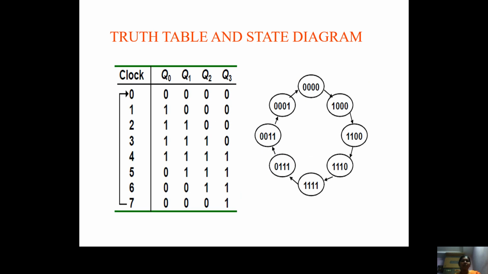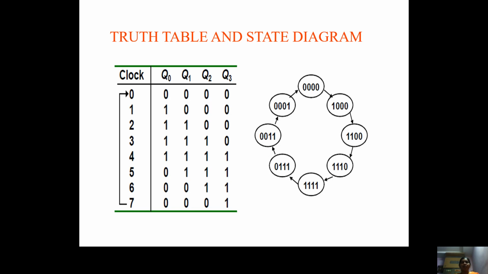If you look at the truth table and the state diagram, when there is no clock pulse, clear is set to 0 so that all the flip-flops are cleared, which is nothing but the reset condition, 0 0 0 0. The outputs of all the flip-flops are 0 0 0 0.